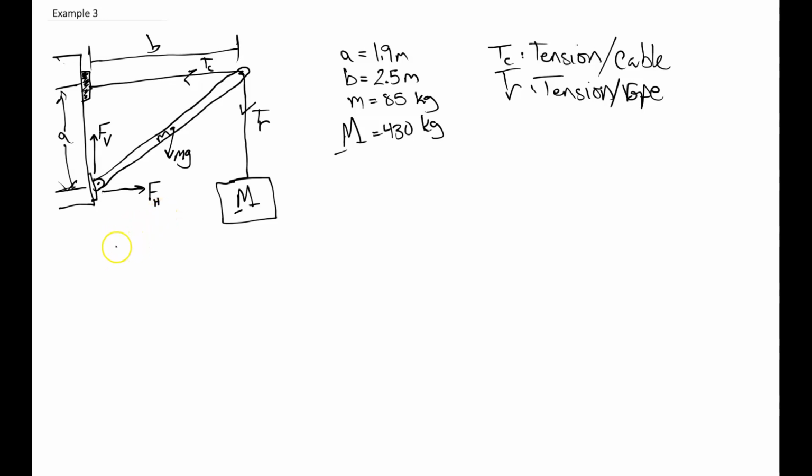The system that we're considering here should be only the beam, which is this diagonal looking shape here.